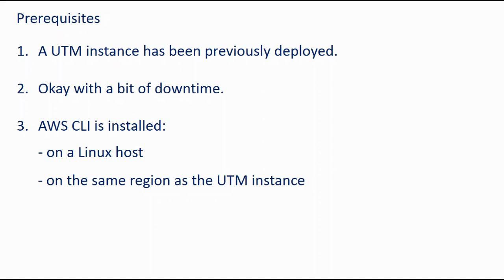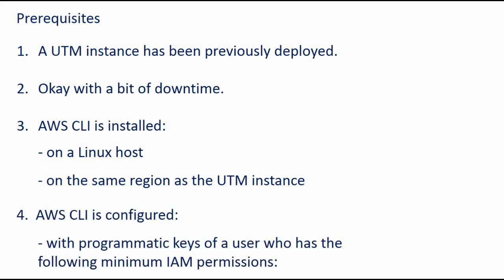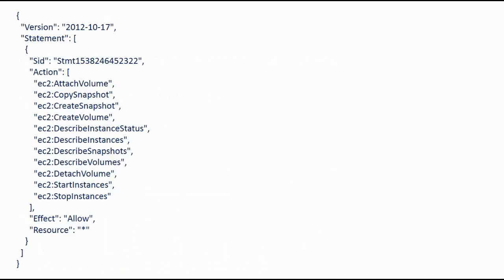Number four would be that the AWS CLI is configured with the programmatic keys from a user who has at least the following minimum IAM permissions that you're going to see on the screen here. If you would like, you could always just set the permissions on the policy for the user to asterisk for EC2, which would open it up to do anything on EC2.